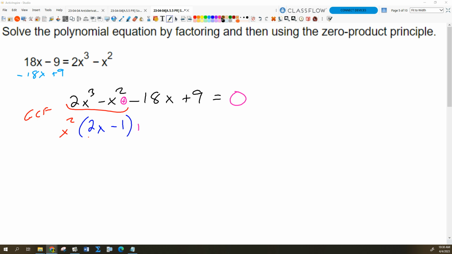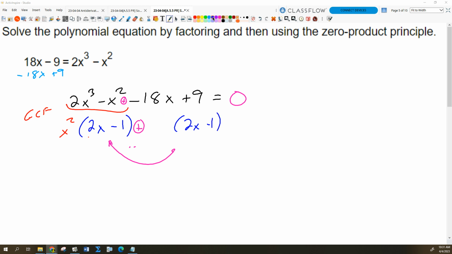And then I've got my plus sign that's separating the two groups. Now, if factoring by grouping is going to work, what has to happen in group 2? What has to be left over when I factor it out? Okay, good. The binomial part has to be the same in both groups in order for this to work.